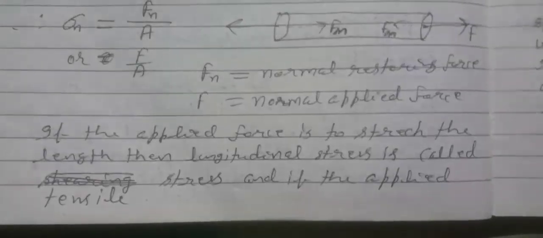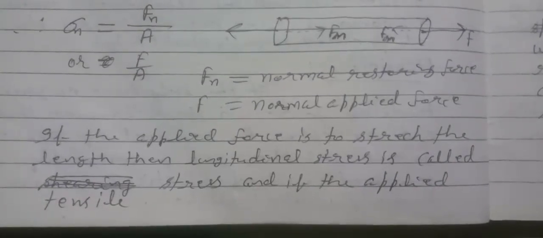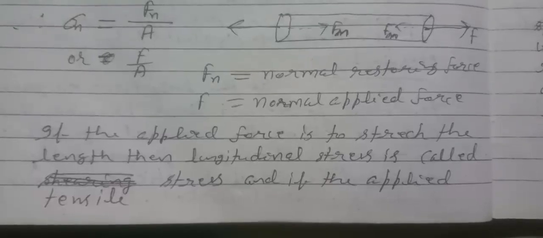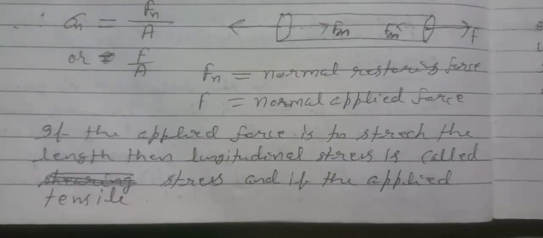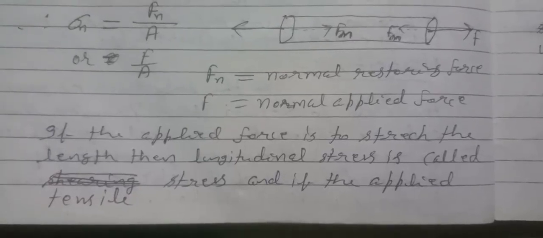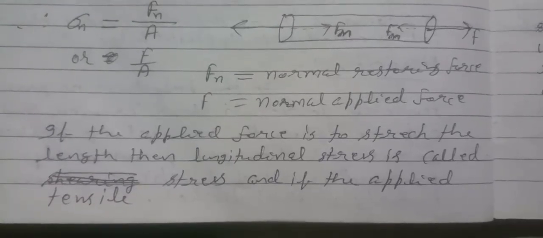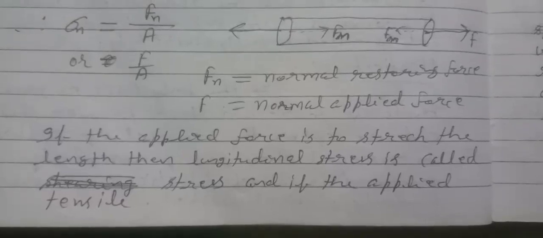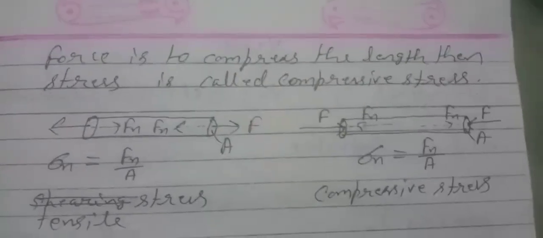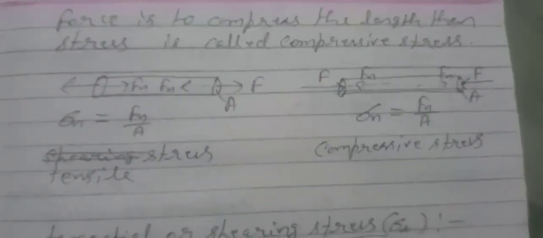If the applied force tends to stretch the length, then longitudinal stress is called tensile stress, and if the applied force is to compress the length, then stress is called compressive stress. Both conditions are shown in the figure.